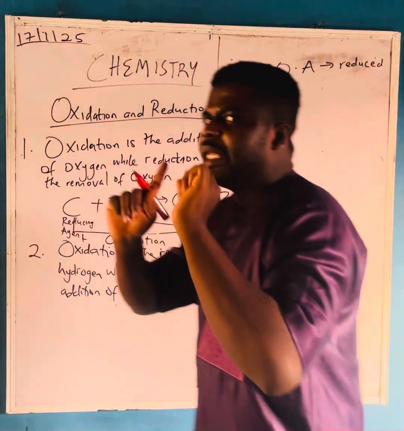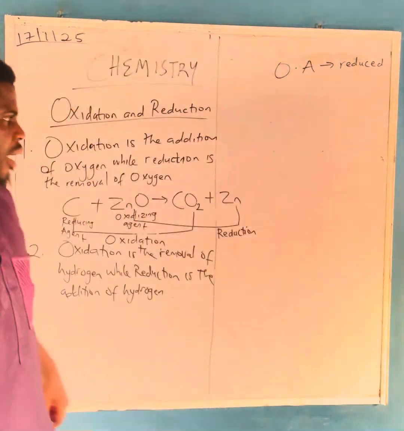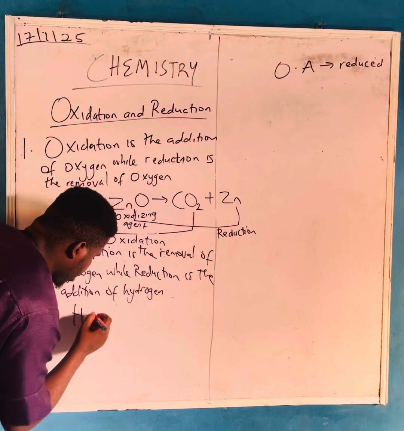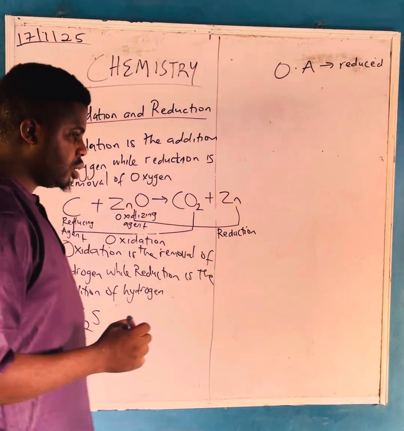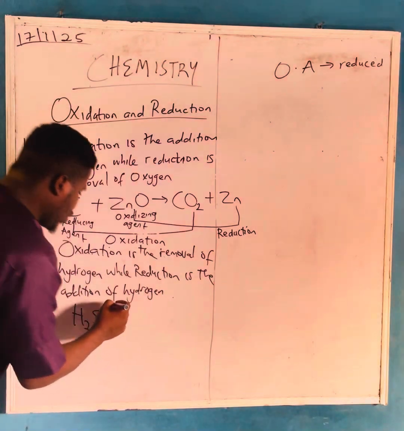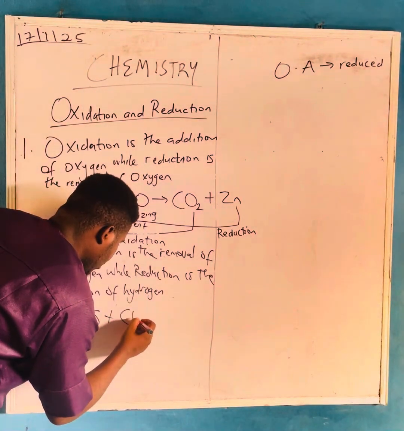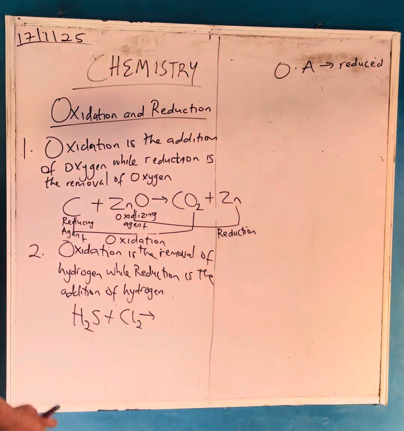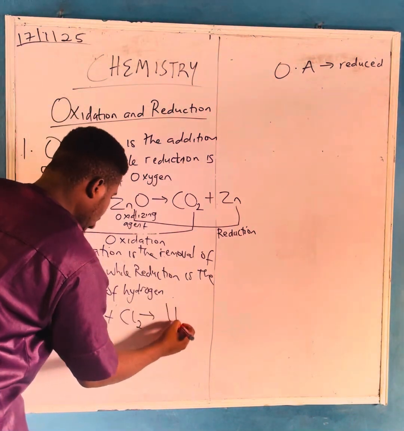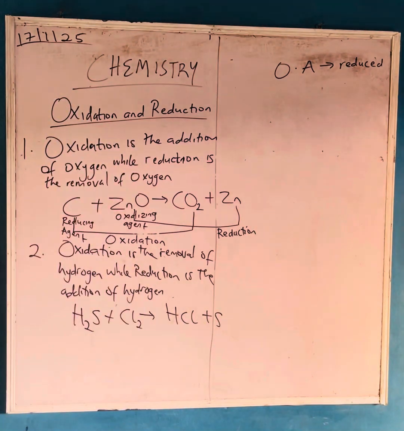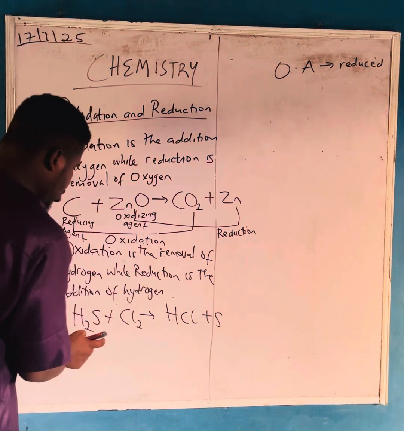So let me quickly show us a chemical equation now. So that is, if we have H2S, that is hydrogen sulfide, with chlorine, what we have is HCl plus S. It is balanced.